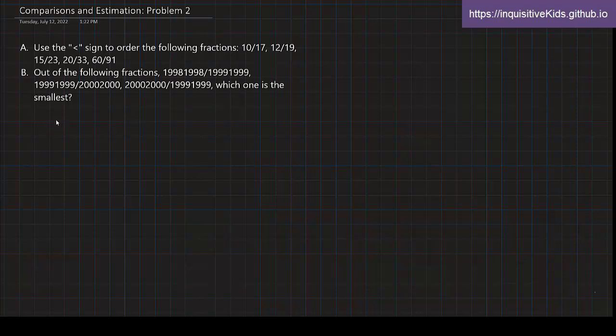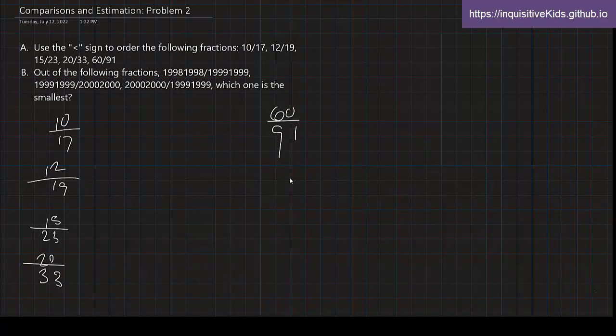First, if we write these all out. So 10 over 17, 12 over 19, 15 over 23, 20 over 33, and 60 over 91. When we're comparing fractions, we need either a common numerator or a common denominator. In this case, which do you think it would be easier to turn them into: a common denominator or a common numerator?